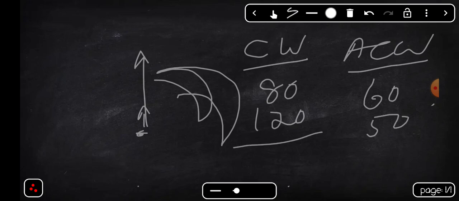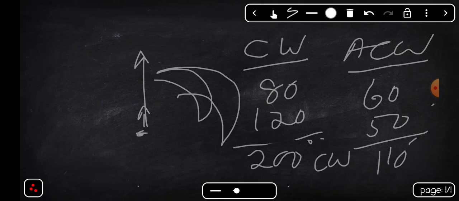The total clockwise is 120 plus 80, that means 200 degrees clockwise, and 110 degrees anti-clockwise. Now let us see how to solve this problem.